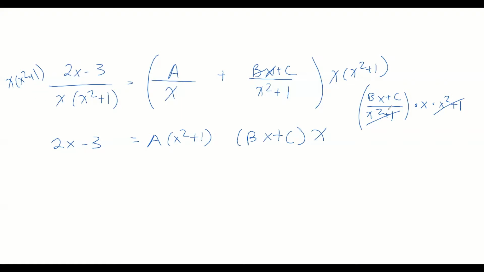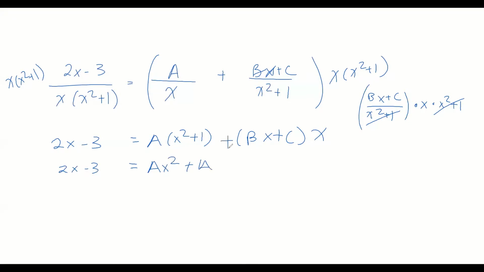My next favorite way is to essentially deal with this as a system of equations. The thing to note about trying to deal with this as a system of equations is it's going to be easiest if you multiply things out. And by that, I mean I have 2x minus 3 on the left-hand side of this, but I want to expand. So on the right-hand side, I end up with ax squared plus a.